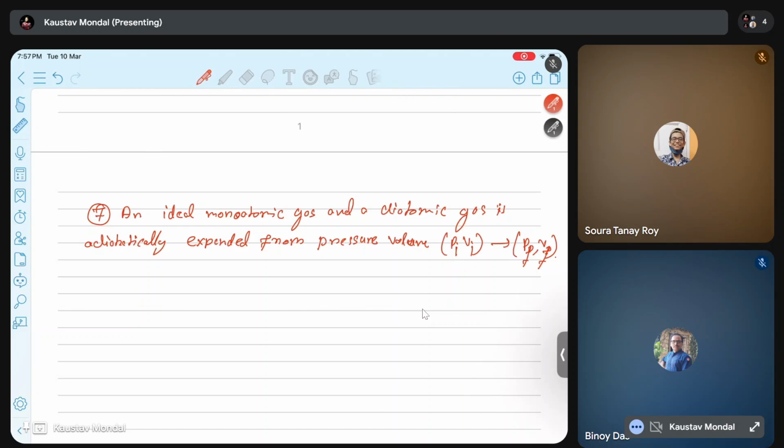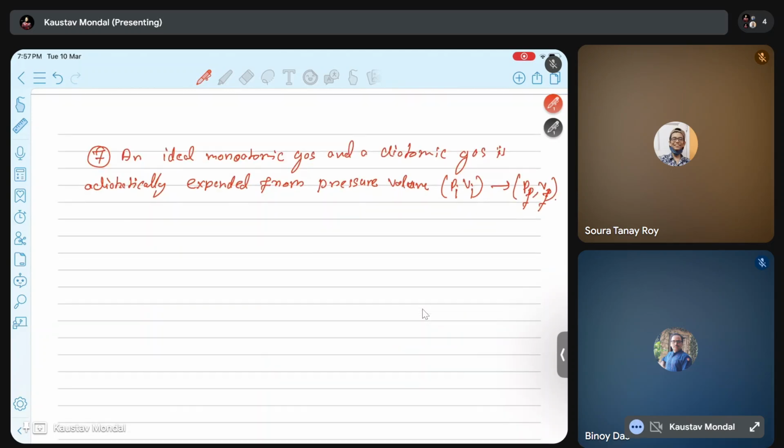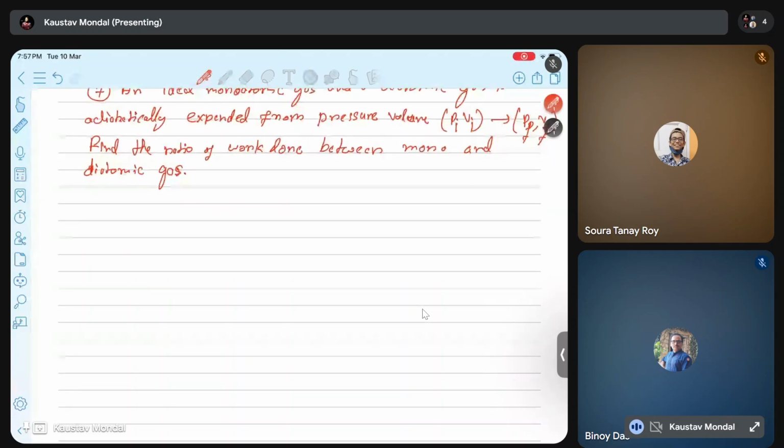Find the ratio of work done between the monoatomic and diatomic gas. Option A is 0.8, option B is 0.6, option C is 0.2, and option D is 1.